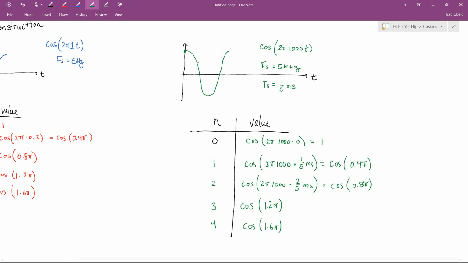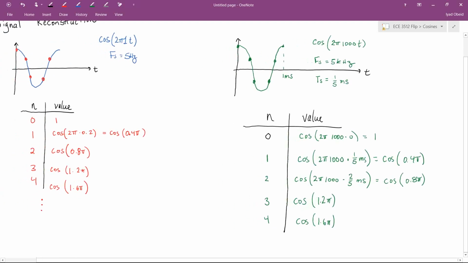Let me tell you what's just happened. This is my 1000 hertz cosine, so the period is a millisecond, and I'm sampling it every fifth of a millisecond. So 1/5, 2/5, 3/5, 4/5, and then the next cycle. So look what's happened. I have two very different cosines.